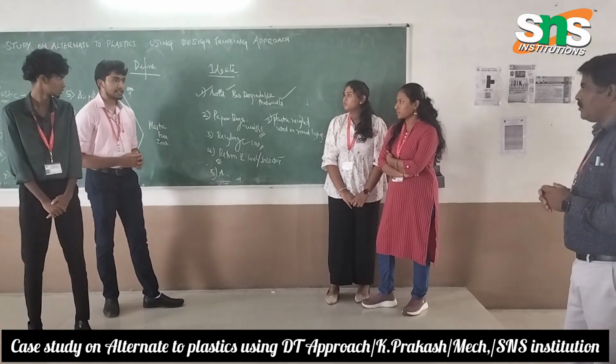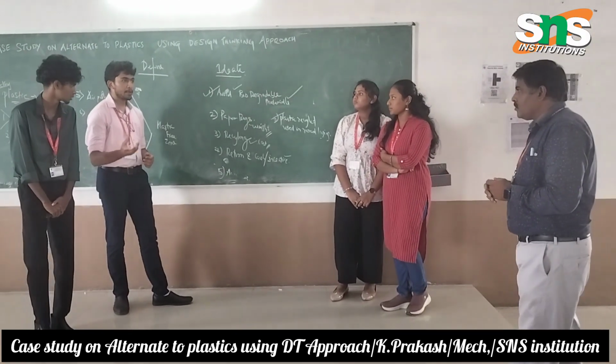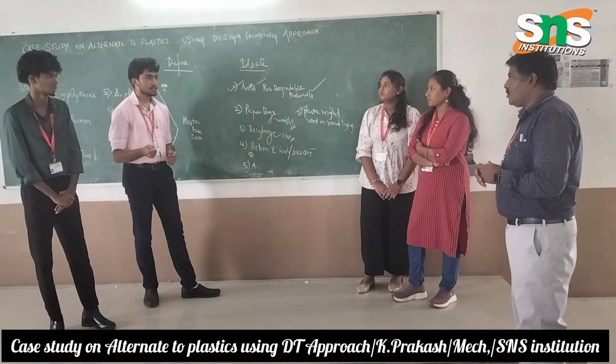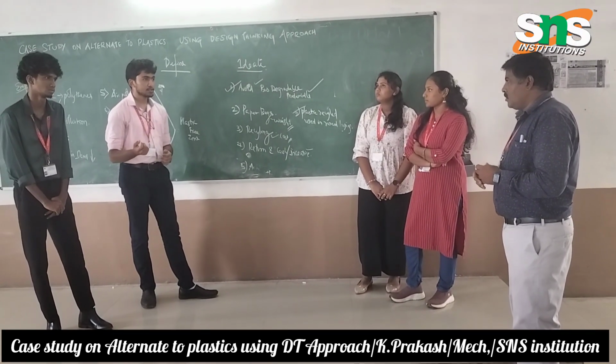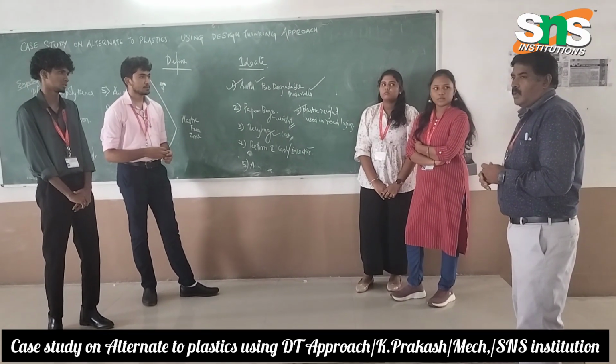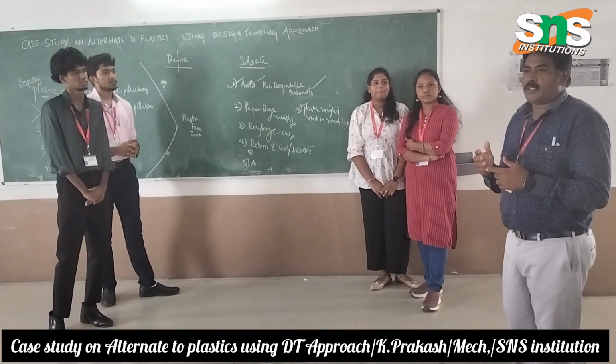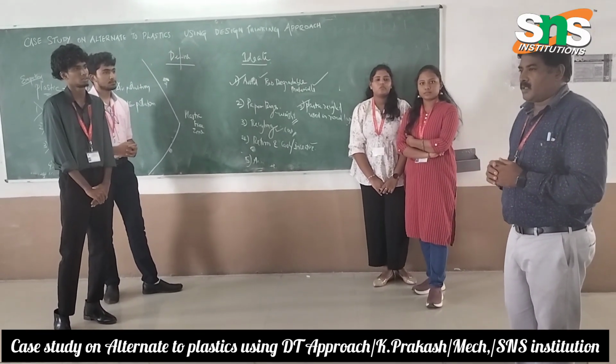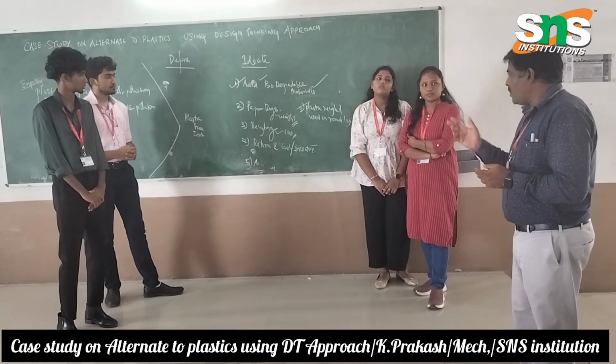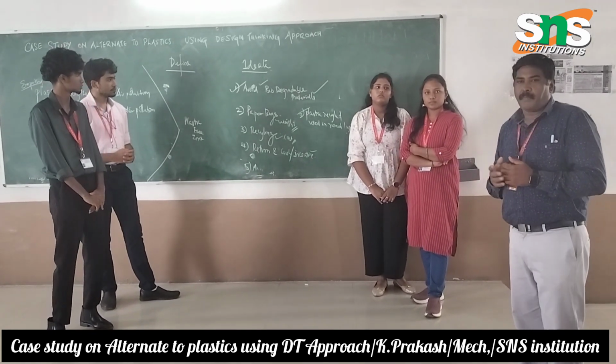To reduce plastic, we can convert it to paper bags and cotton bags. So what they are telling is that we can convert the plastics into other materials for use, for example paper bags.